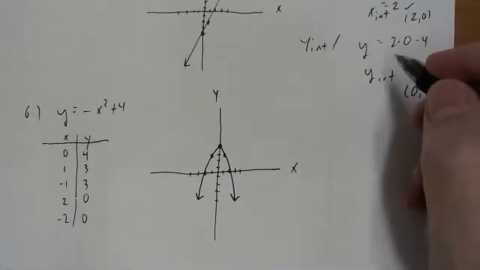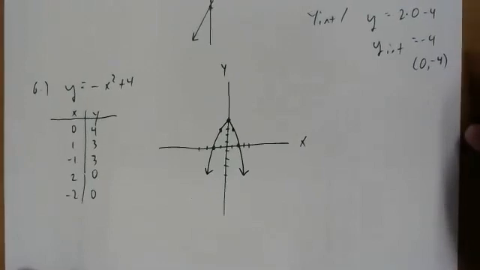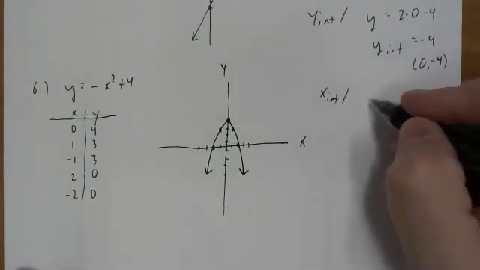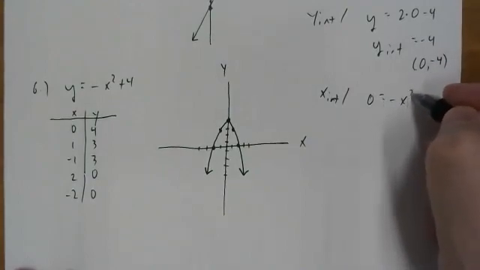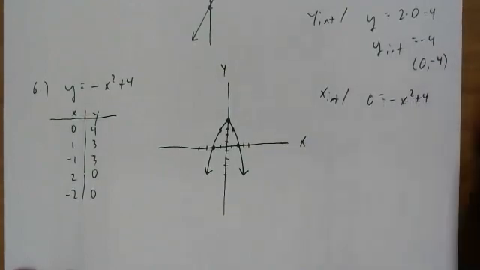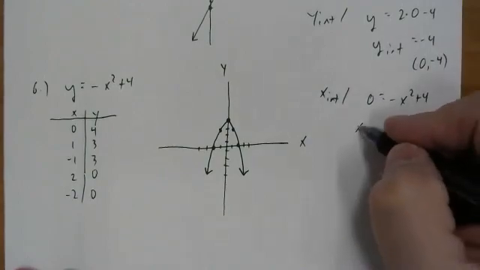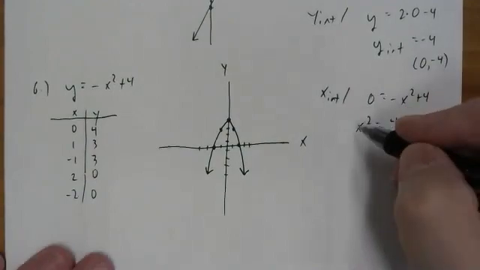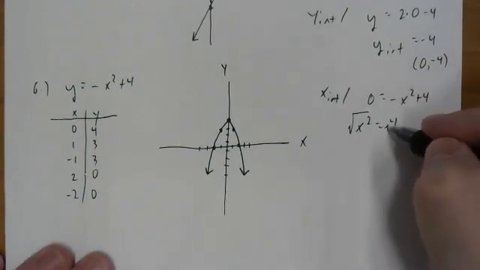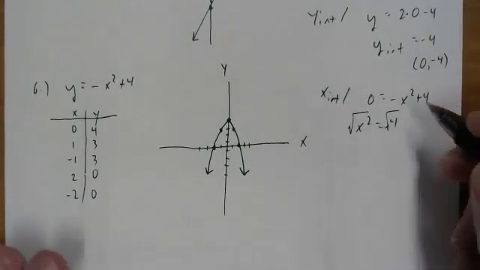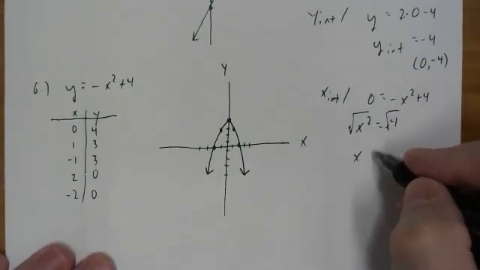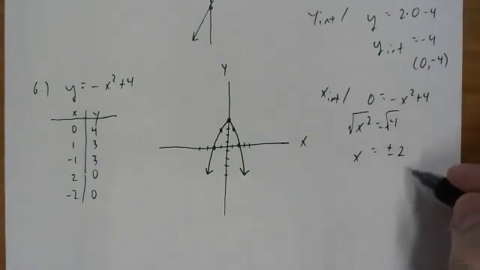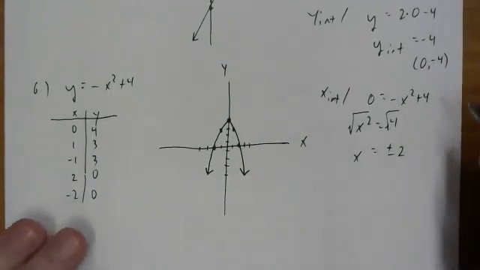Now mathematically, calculate the intercepts. So x-intercepts at y equal to 0. I want to solve for x. So I'll add x² to both sides. I have x², I want to get x, so I need to take the square root of both sides. Don't forget though, square root of 4, the answer is plus or minus 2.